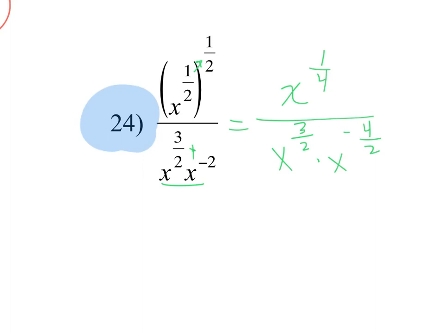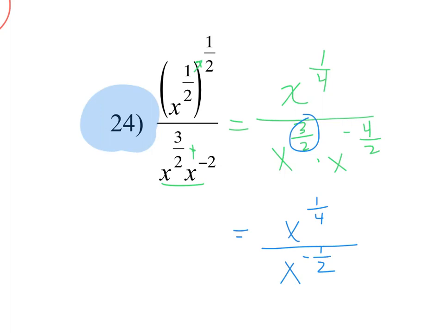Alright, so now when I simplify my denominator, I'm going to get x to the 1/4 in the numerator over x to the -1/2 in the denominator, because 3/2 plus -4/2 is -1/2.